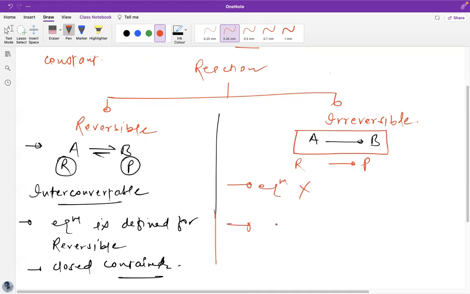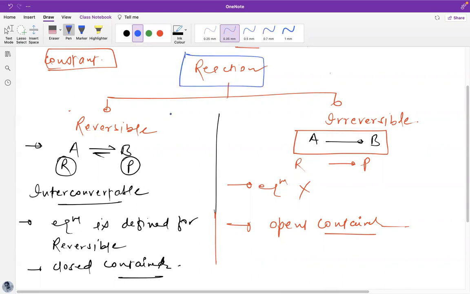And it is carried out in an open container. So this is the concept of reversible and irreversible reaction. If you want to write, or you can take a screenshot of this, because I will not provide you the time to write this down. So you can take a screenshot and we can move forward. Okay, perfect.